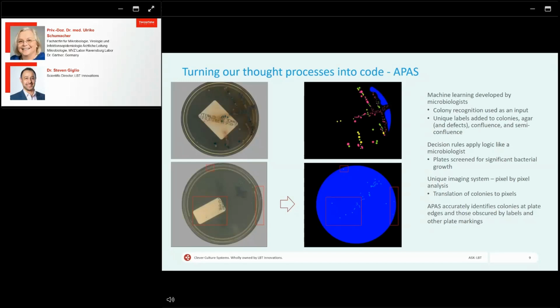It's picking up colonies on the edge of the plate, and that is what is driving the result. So one part is to get that per pixel classification from APAS. The next job is, well, what do we do with that information? And that's the role of the microbiologist to drive a lot of that as well.